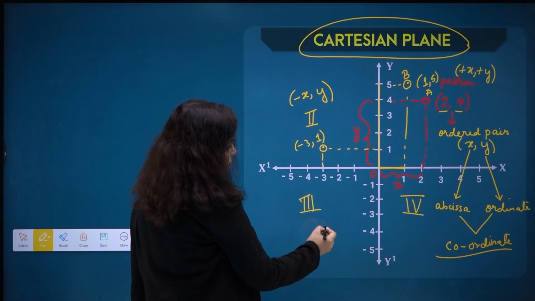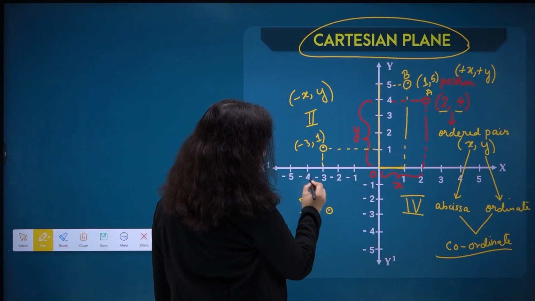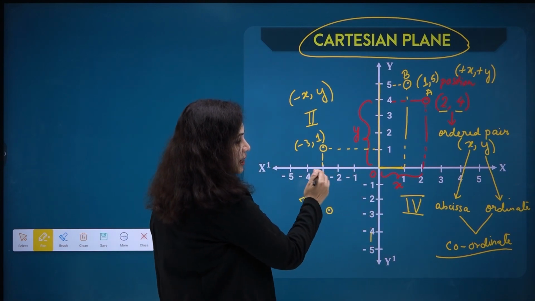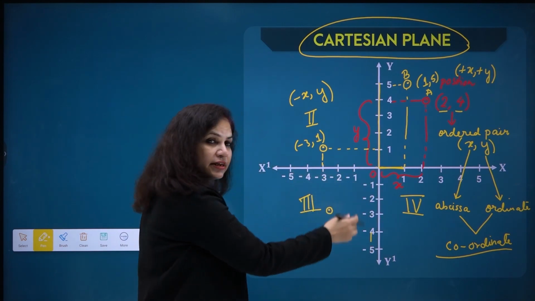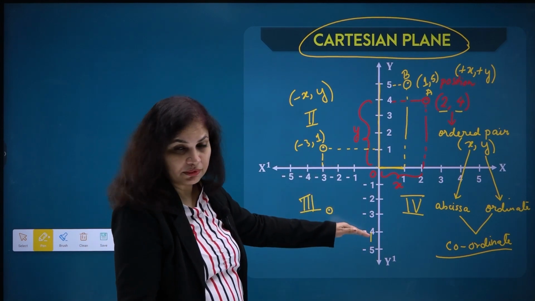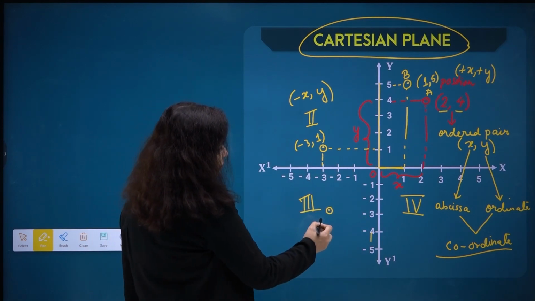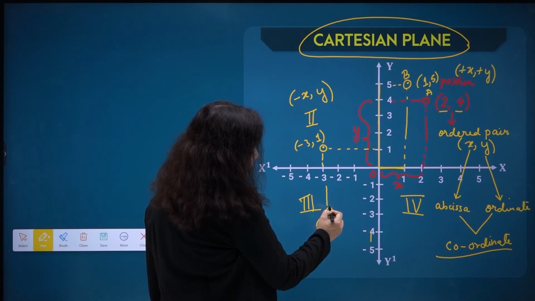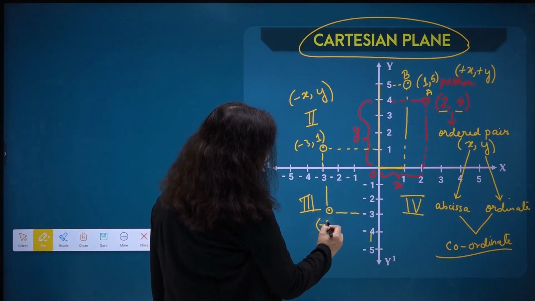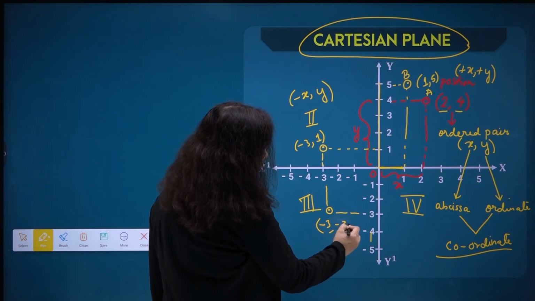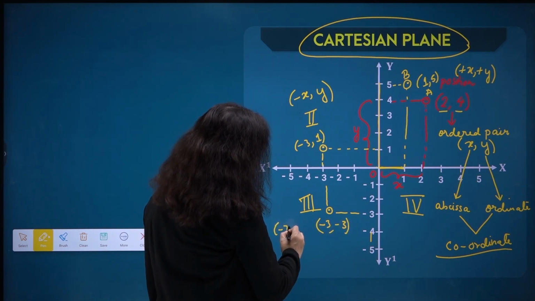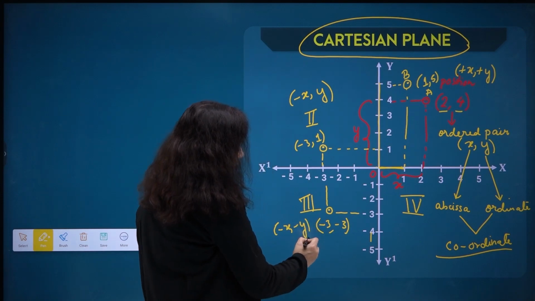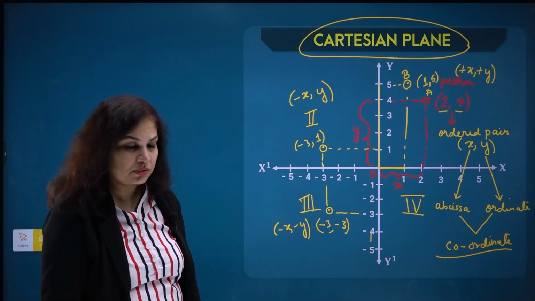In the third quadrant, if I choose any point and just look at the number line, we are taking the negative part of both the number lines. So what will be the ordered pair here? The ordered pair here will be -3, -3. So both x and y are negative in the third quadrant.